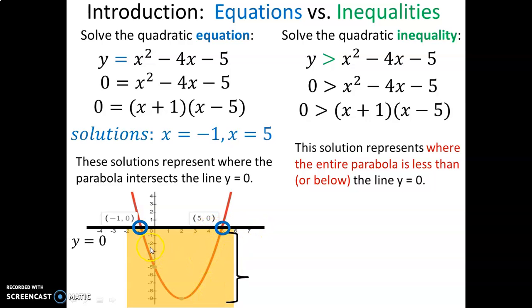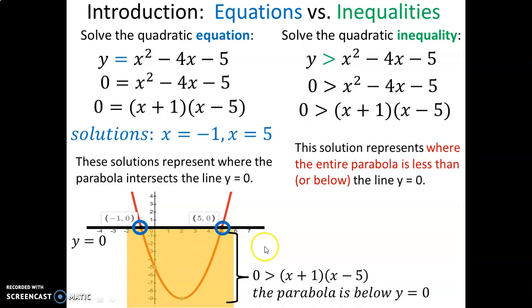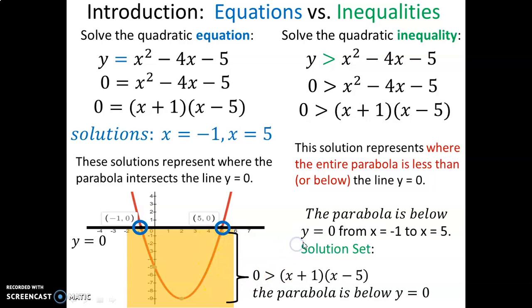So what x values does that represent? Here again, this is when the parabola is less than the line y equals 0, and this occurs when x is between -1 and 5. So instead of giving two solutions, we say there's a solution set, because there's a set of numbers that works, and it occurs when x is between -1 and 5.